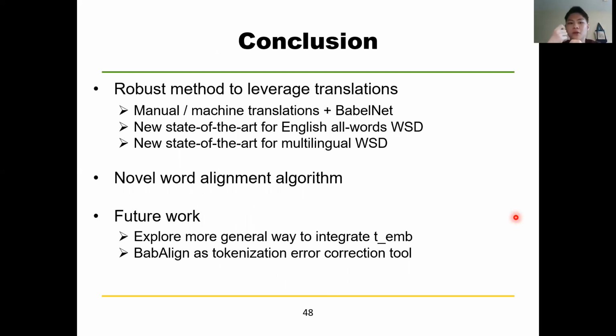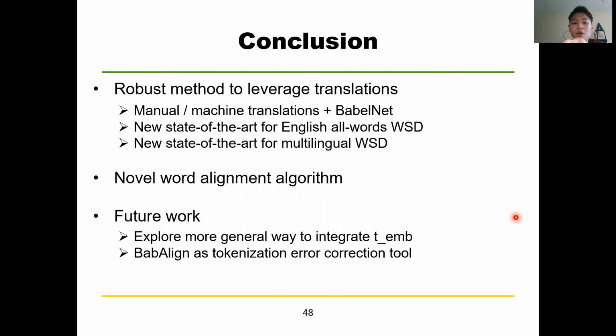So to wrap up, we propose a robust method to leverage translations, which integrates manual or machine translations with BabelNet. And in our primary results, SoftConstraint sets the new state-of-the-art for English and multilingual WSD.